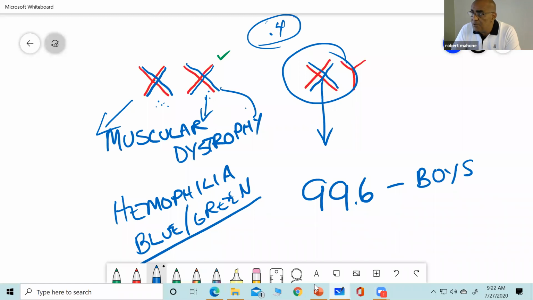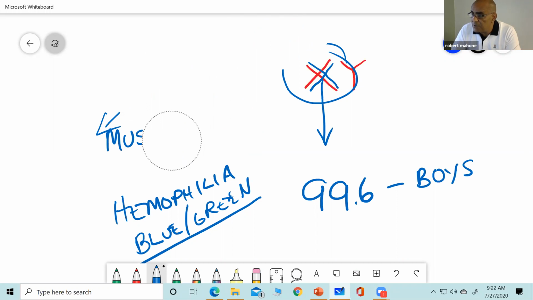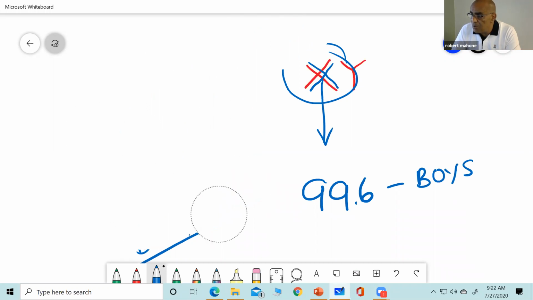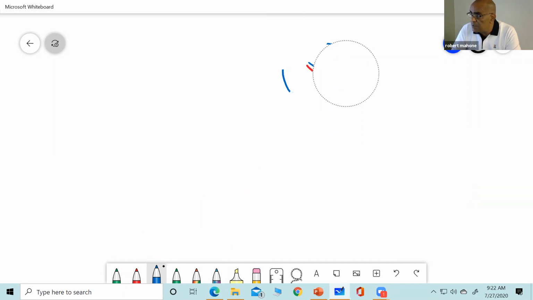So rarely will you see an X-linked trait happen in girls like that. All right, so that's X-linked traits, conditions that boys typically inherit from their mothers because they're linked to the X chromosome. And boys only get X chromosomes from mama.